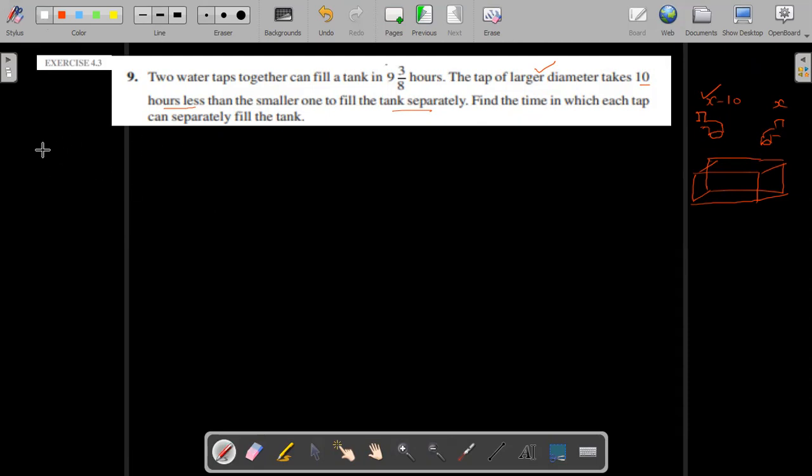So that will be the starting point. Let the smaller tap take x hours to fill the entire tank.